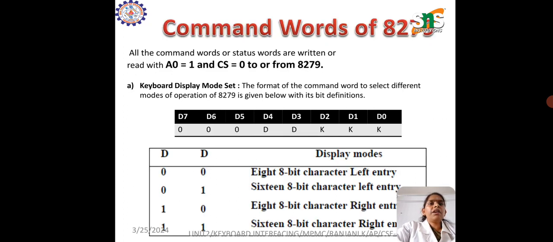Next are the operating modes of 8279. There are two operating modes: the input mode and the output mode.